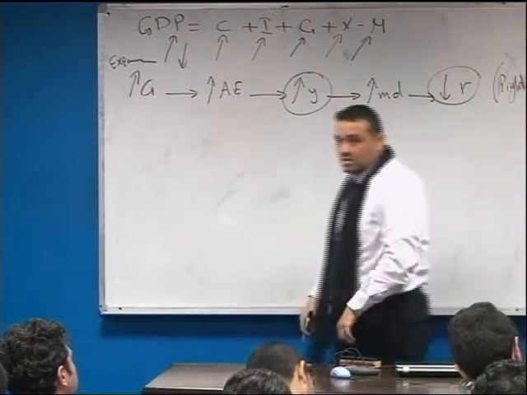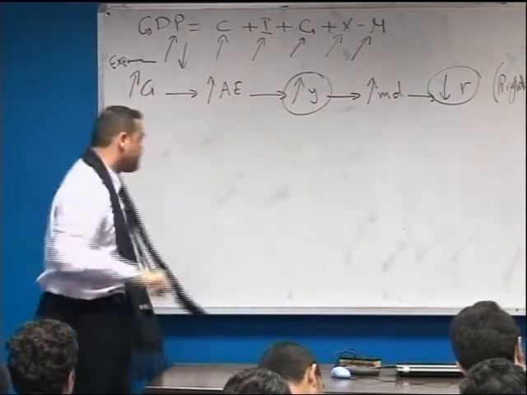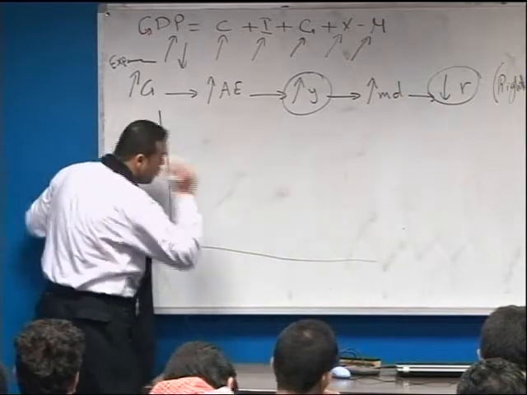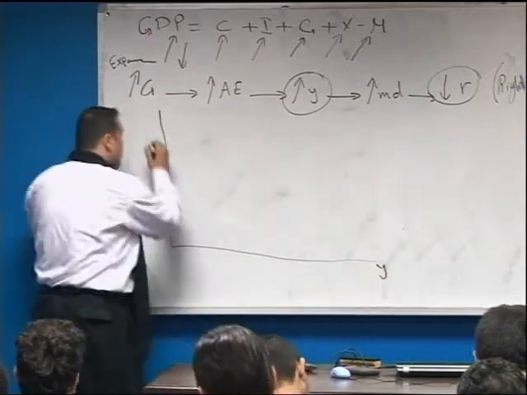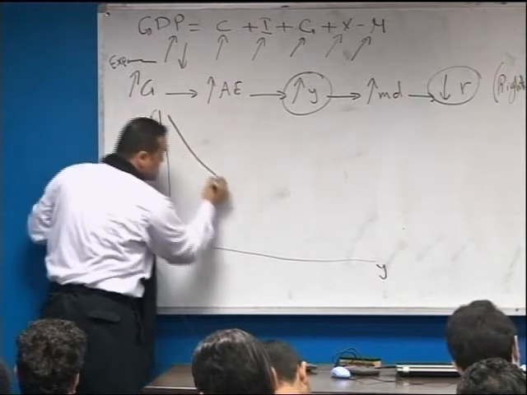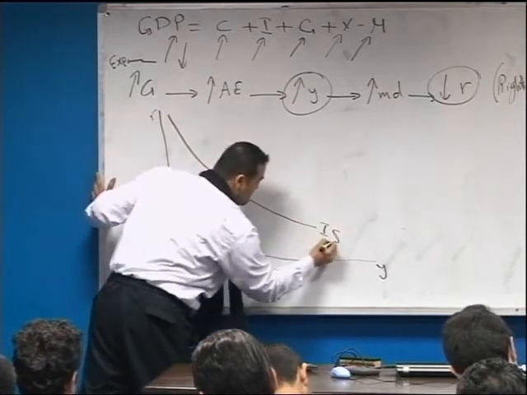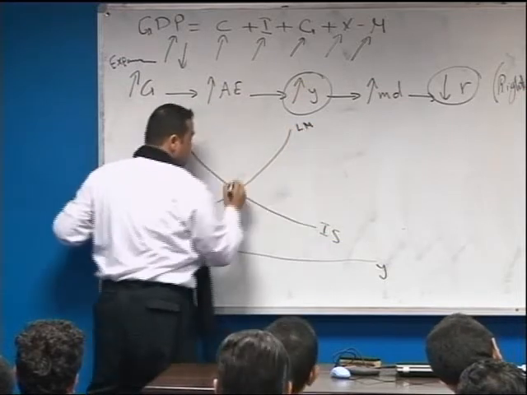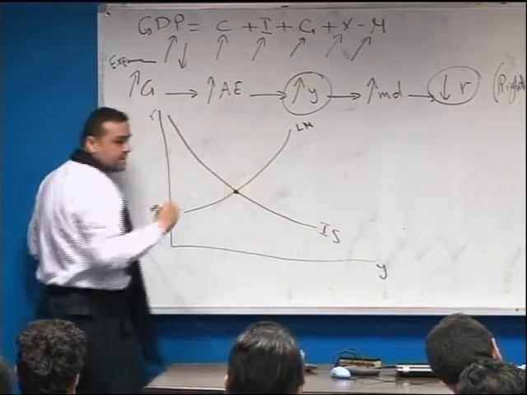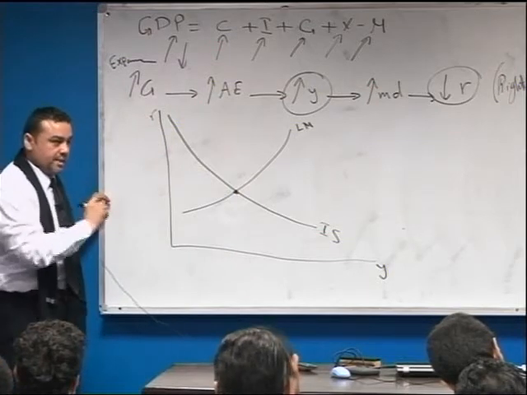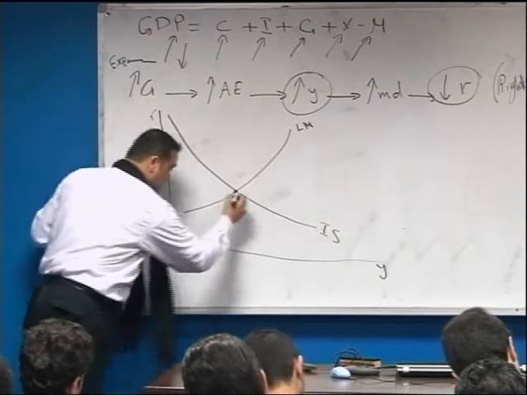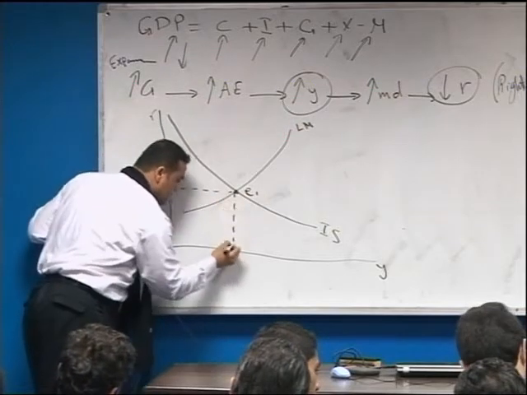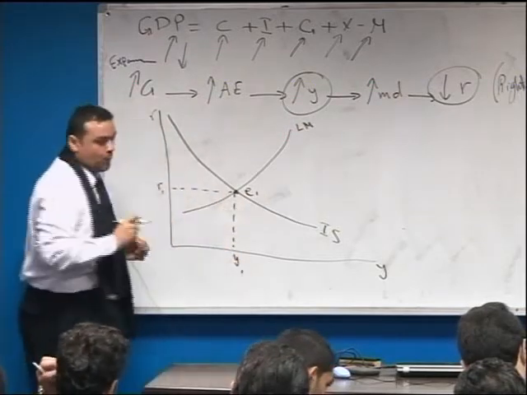Let's make the diagram. Y, R, and this is IS, LM. This is the equilibrium, the original equilibrium point. Let me assume this is the original equilibrium point E1, R1, Y1.